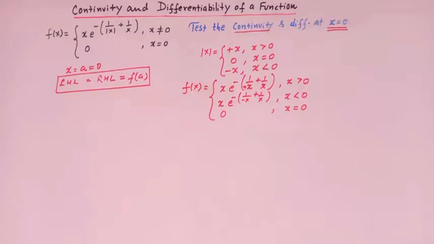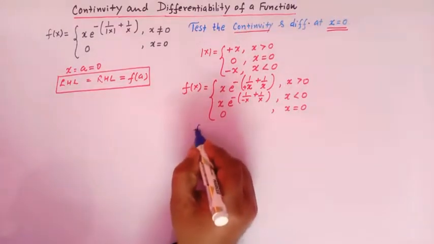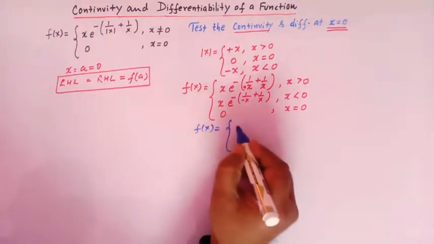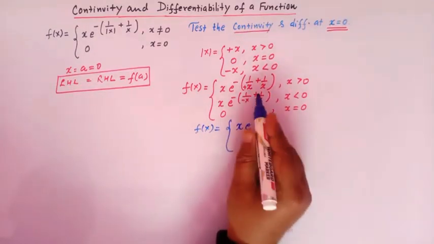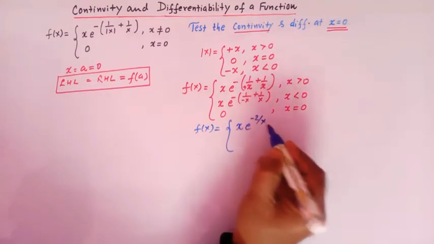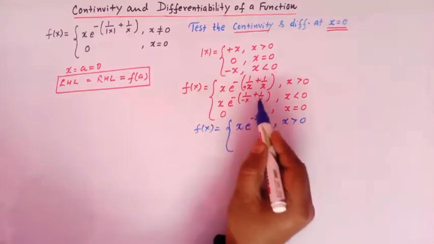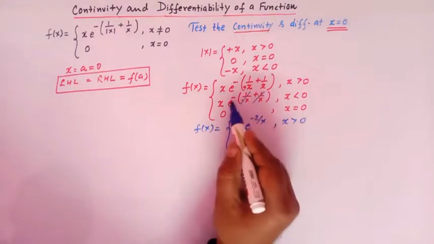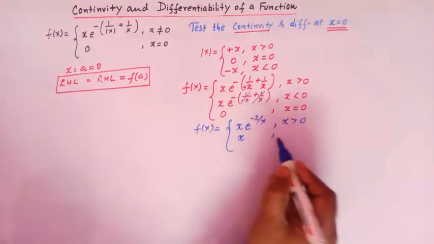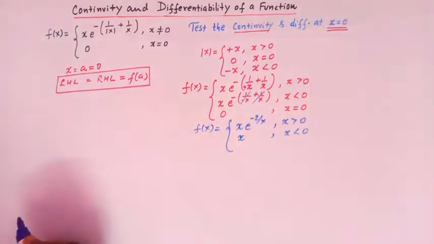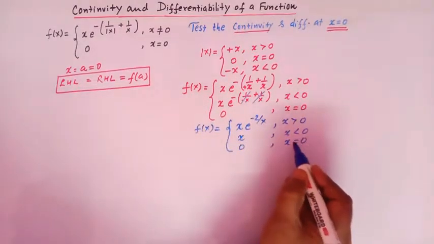So we have now redefined our original function, and we can rewrite it as f of x is equal to x times e raised to, here 1 over x plus 1 over x is 2 over x, so we have minus 2 over x whenever x is greater than 0, and here we have 1 over x and minus 1 over x, so these two get cancelled, and we have e raised to minus 0 which is 1, so here we have simply x whenever x is less than 0, and f of x is obviously equal to 0 whenever x is equal to 0, right?